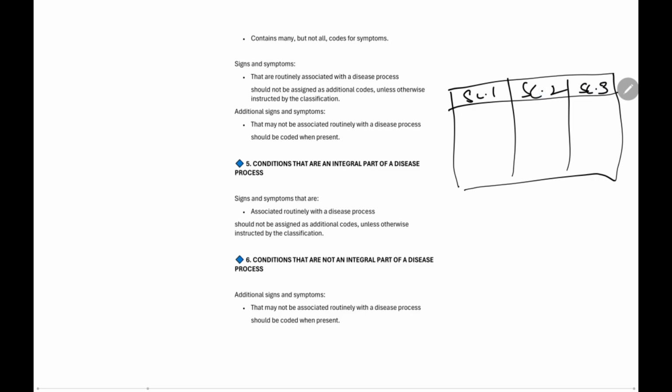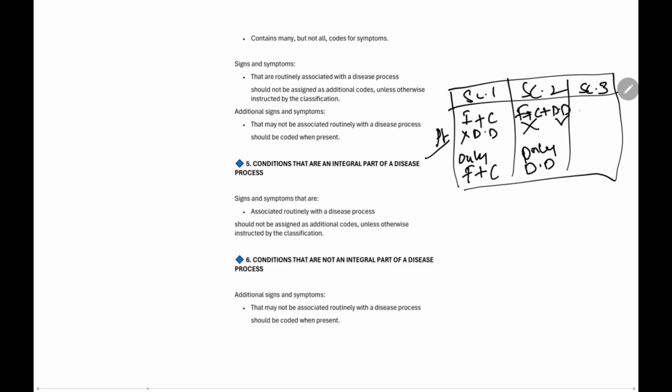Just imagine a patient is coming with fever and cough. What will you code? There is no definitive diagnosis, so you will code only the fever and cough codes. Scenario 2: the patient is coming with fever, cough and a definitive diagnosis. You will not give fever and cough, you will give only the definitive diagnosis.